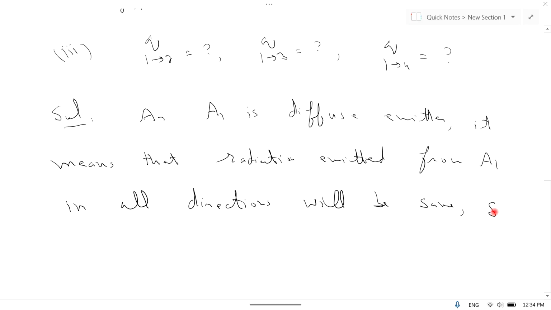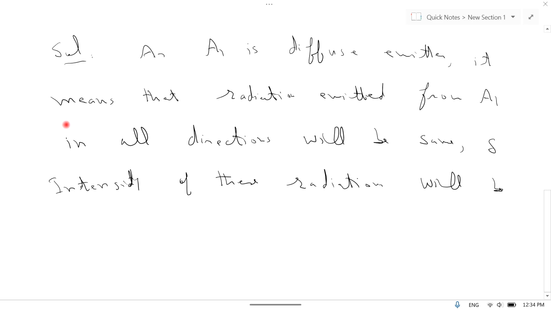So the intensity of this radiation will be independent of direction.